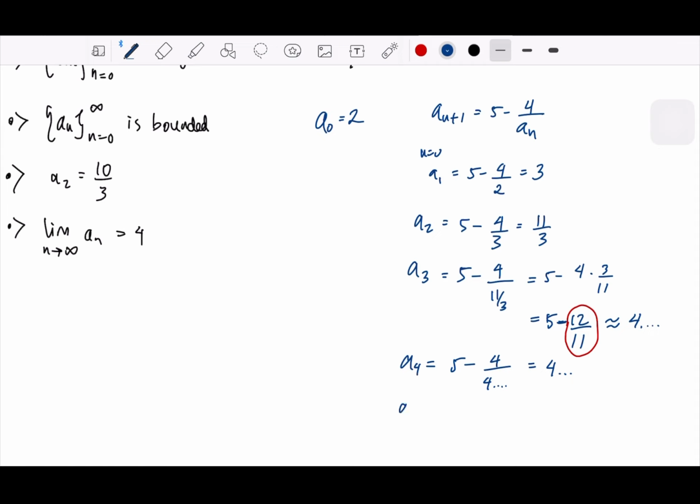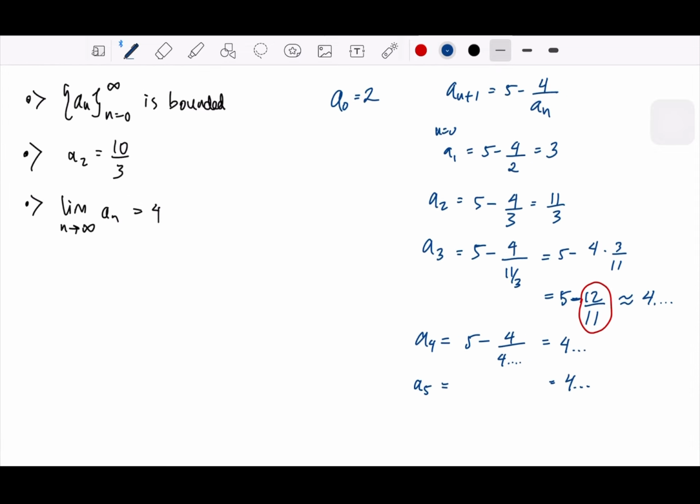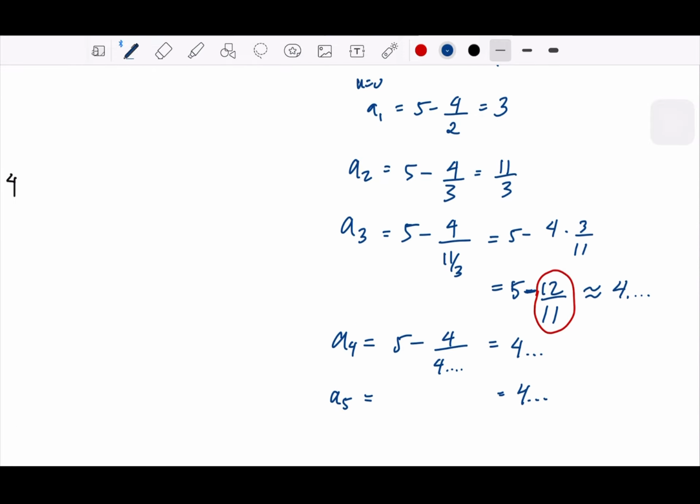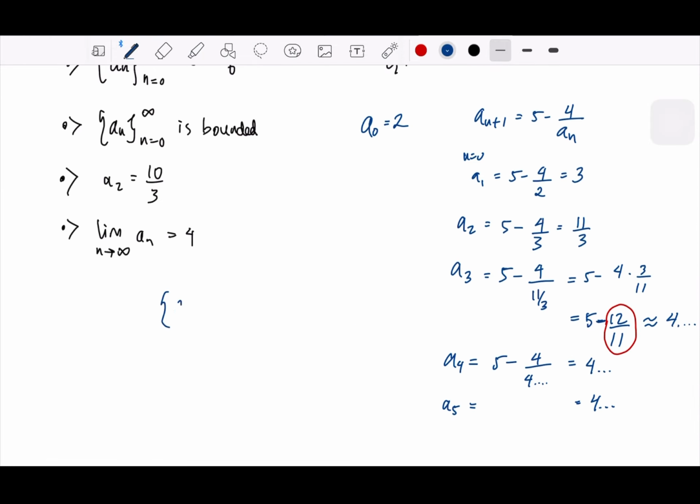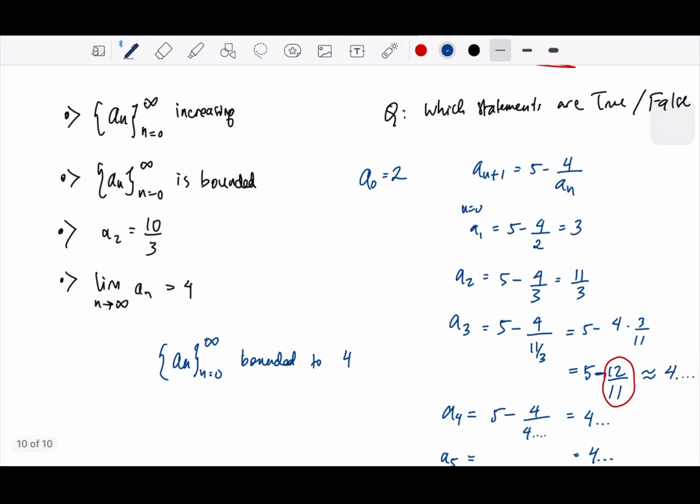If you did a5, I believe this will be 3 point something, or 3.99999 probably. So from this experiment, the sequence gets bounded to the number 4. So this is correct.